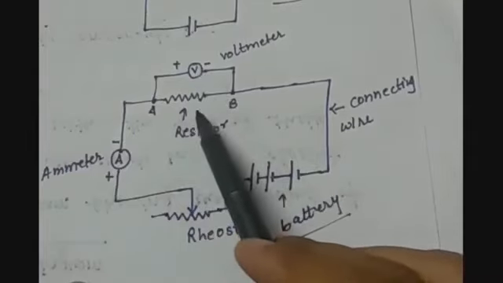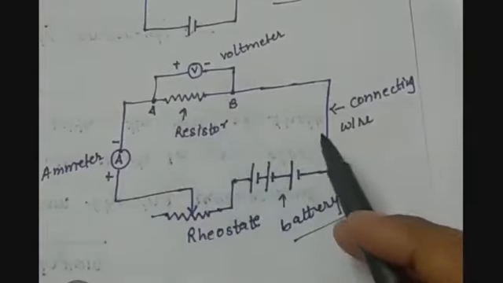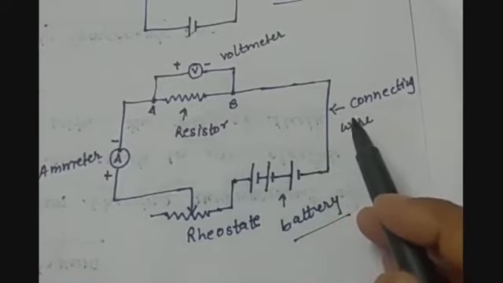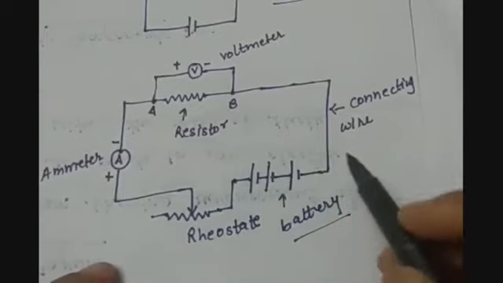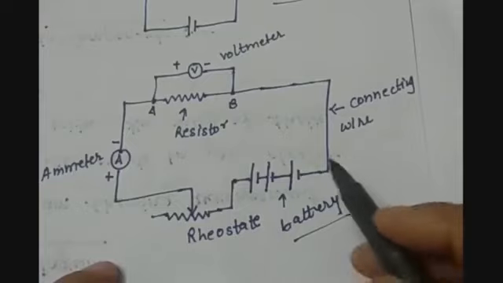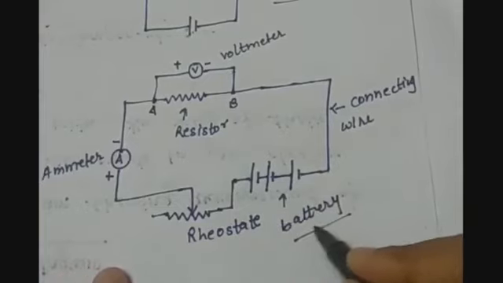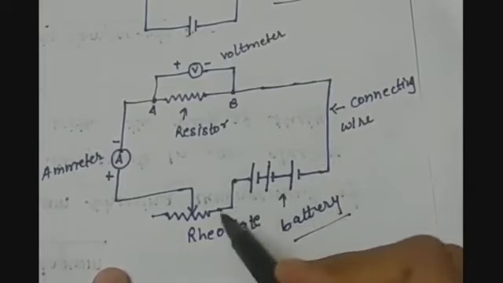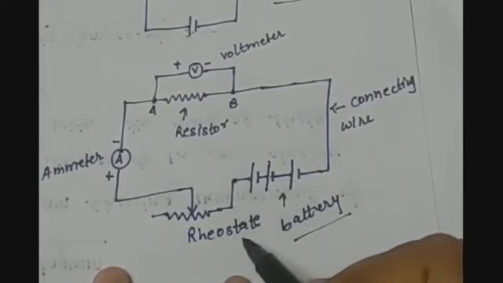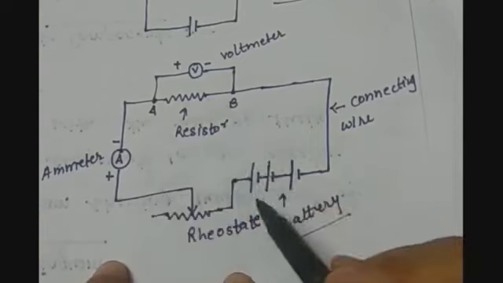Here he had a resistor, and these were the connecting wires. So what he studied was the relation between the current and the voltage, because here we can vary the resistance of the circuit with the rheostat.